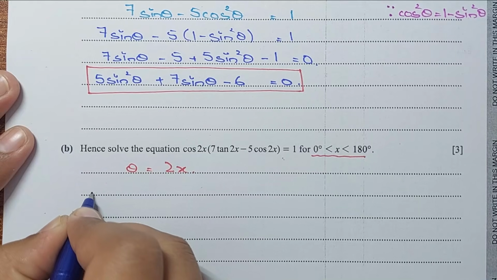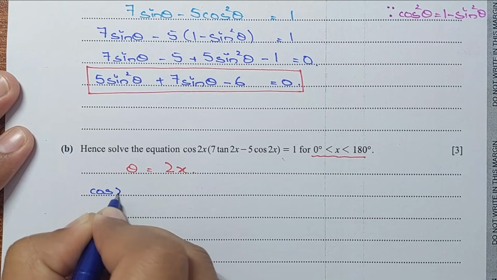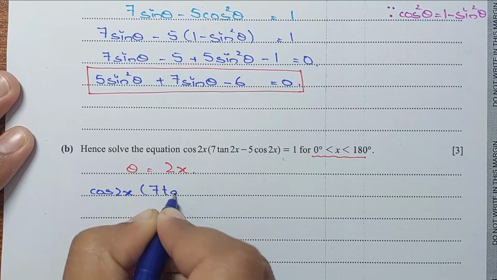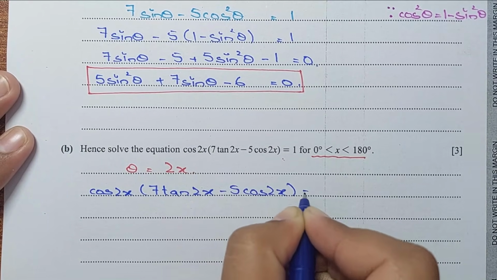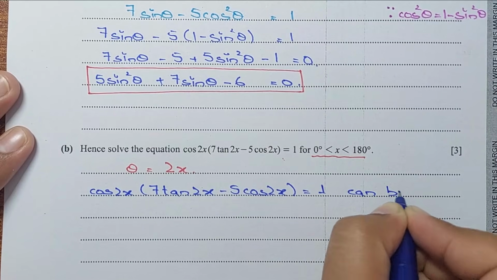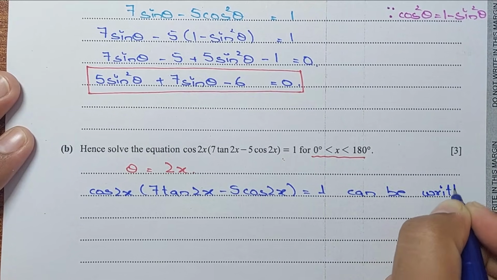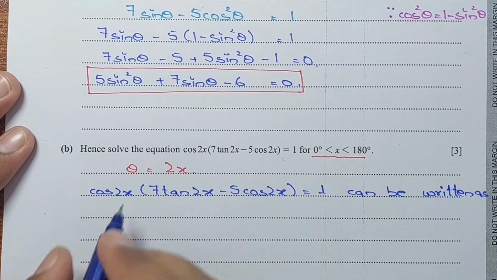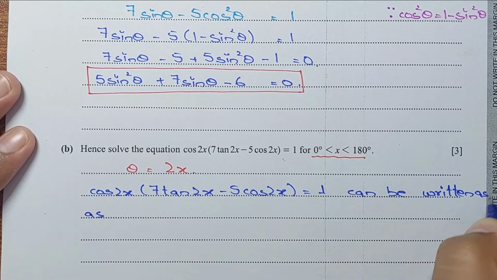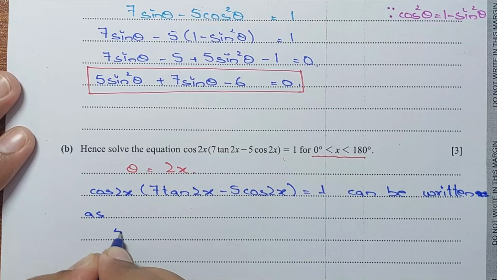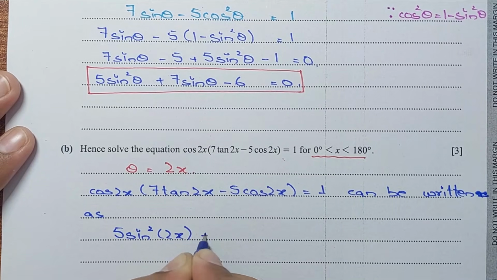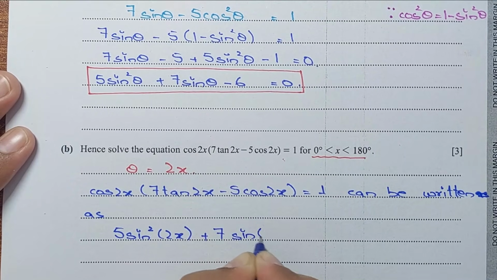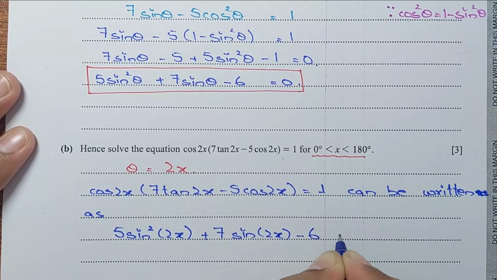So we can say cos 2x into 7 tan 2x minus 5 cos 2x equals to 1 can be written as 5 sine square theta, which is 2x, plus 7 sine theta, which is 2x, minus 6 equals to 0.